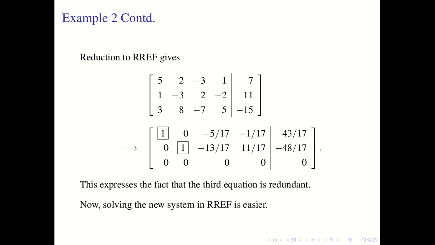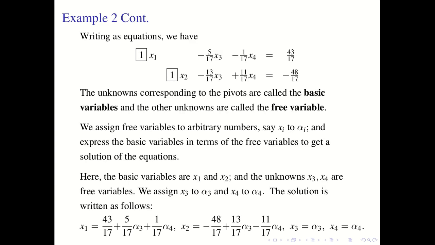Therefore this is a consistent system. Now we can solve the system of linear equations. We write the new equation. We have obtained this new matrix by applying several elementary row operations. Our theorem states that the solutions to both these systems are the same.